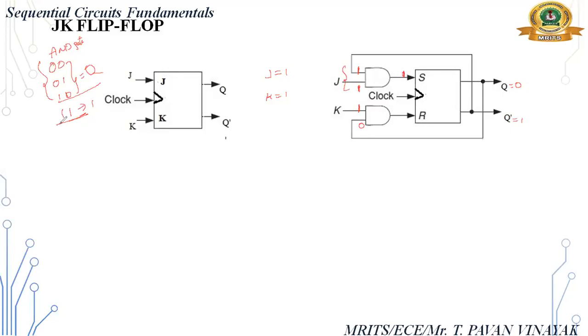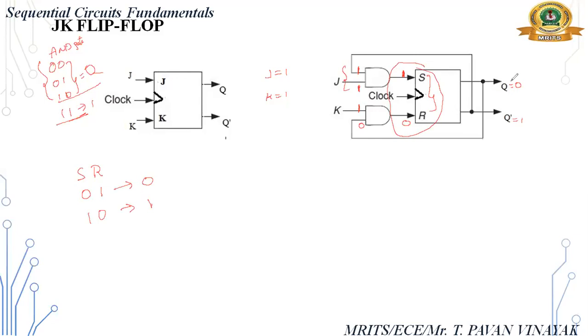Next, for 1 0, AND gate output is 0. Now the inputs to the SR flip-flop are 1 0. So what is the SR truth table? 0 1 means always 0, 1 0 means it is 1.